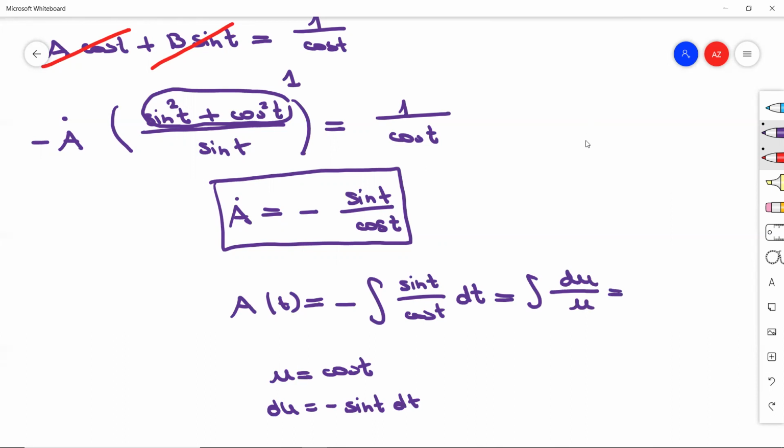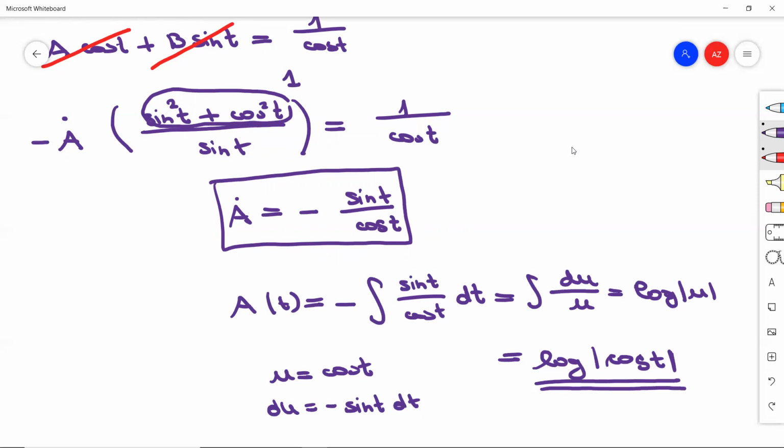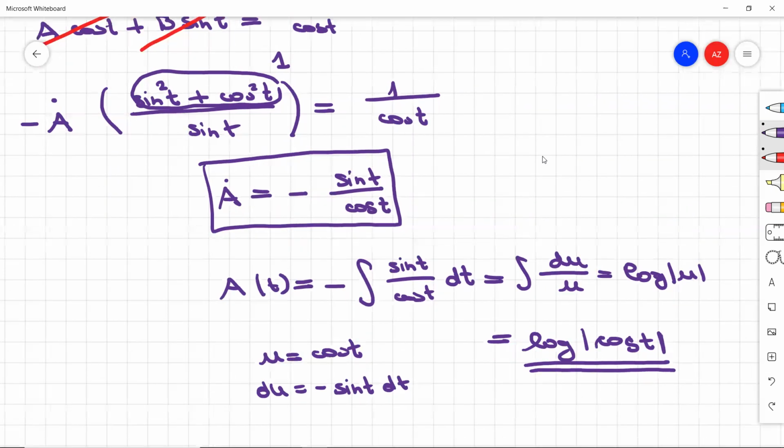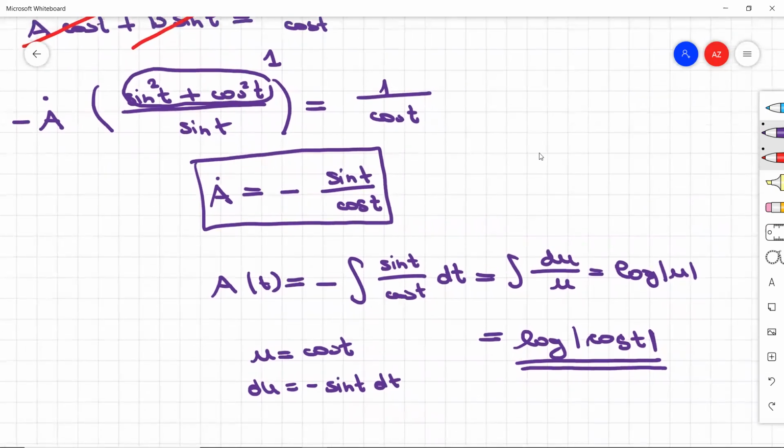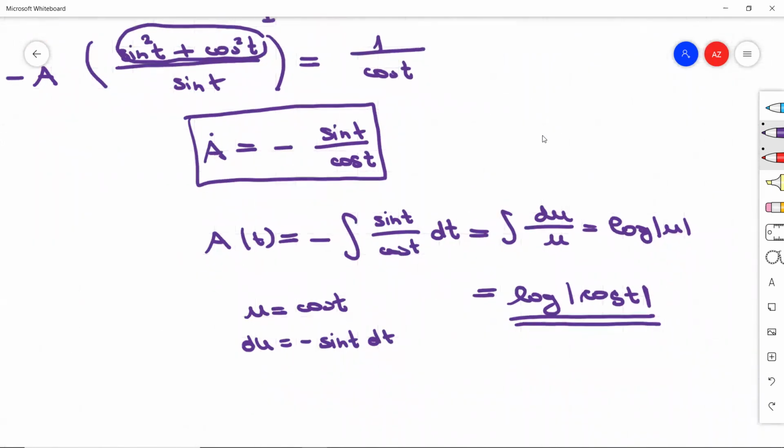The integral of 1 over u is the logarithm of the absolute value of u. So it's the logarithm of the absolute value of cosine t. So we really obtained a. How do we obtain b out of this? We still need b.